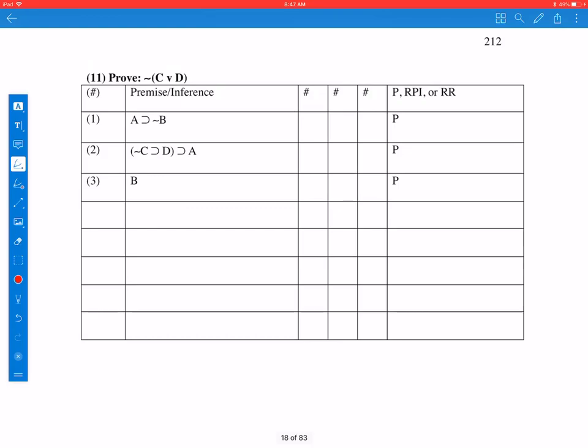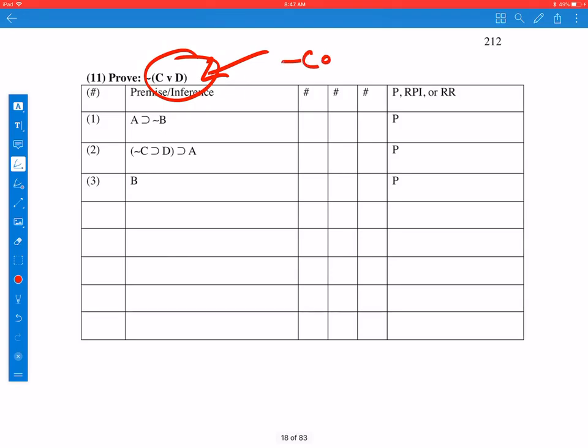Let's try another. Okay, on this one we have to prove not C or D. Now the one thing that I would do, since this is a negated disjunction, I'm going to write its De Morgan's equivalent off to the side so that I know if I can get to it, then I can get to the final answer by De Morgan's.